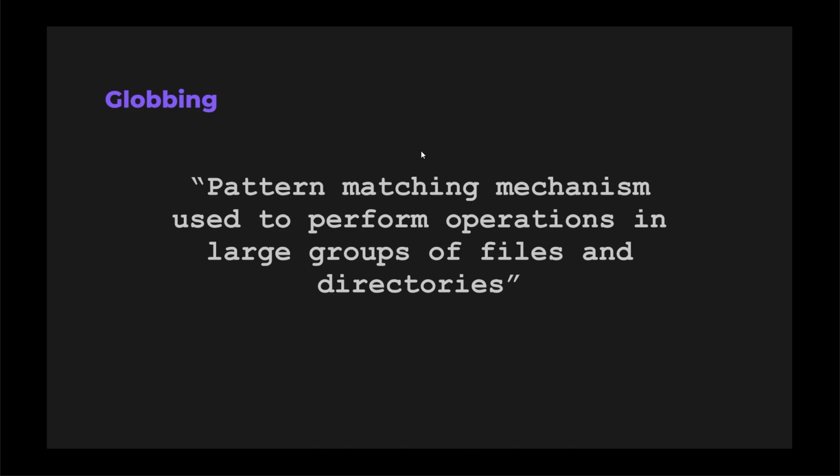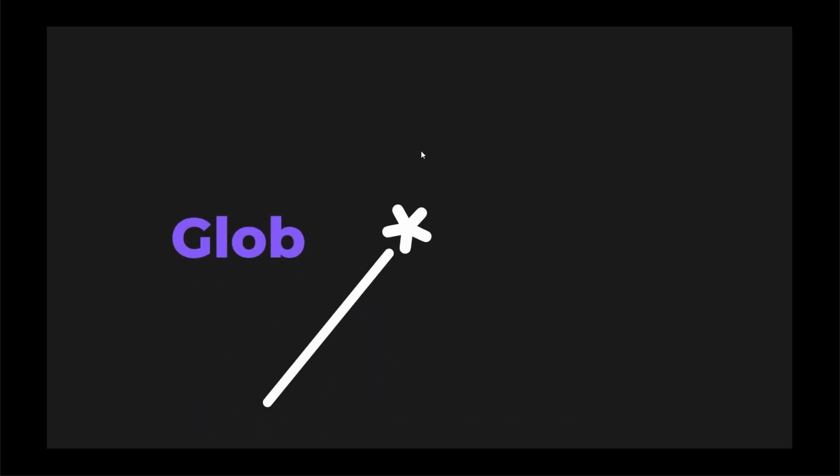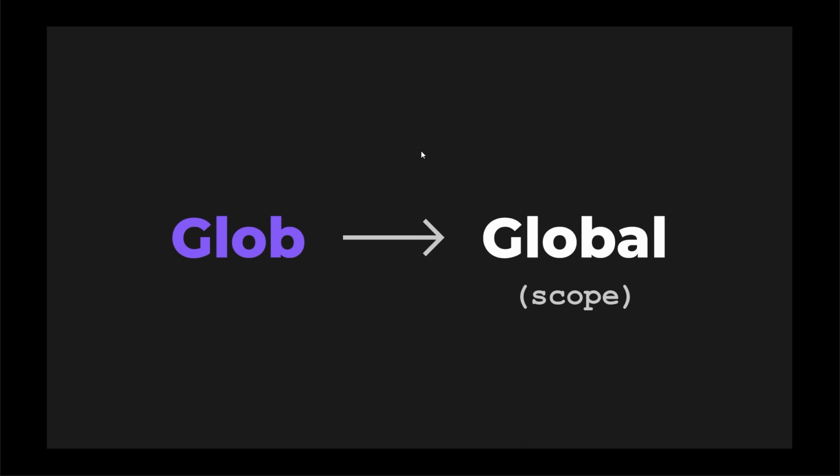So basically that's it, right? The word glob comes from global and it gives that idea of scope, which means you're going to be applying something on a bigger scope, for a big list of files or a big list of directories, something like that.